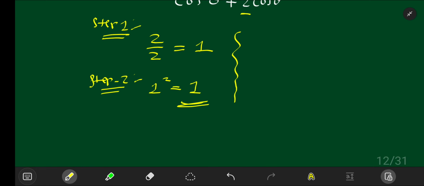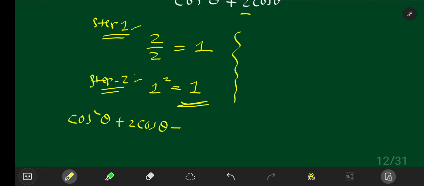Now we have to add and subtract this 1 from the given equation. What is the given equation? cos square theta plus 2 cos theta. This is the given equation.